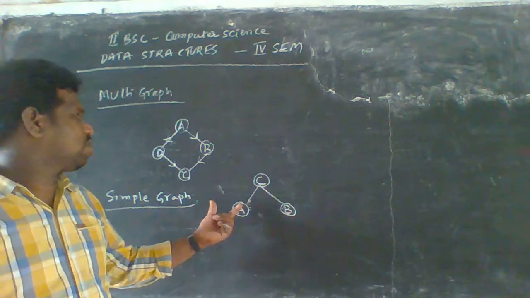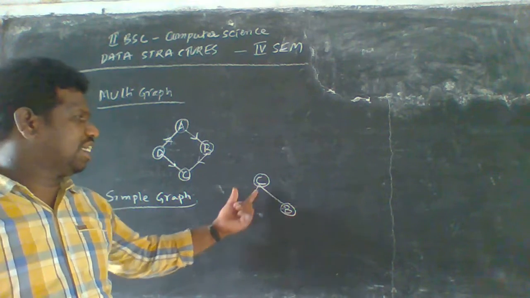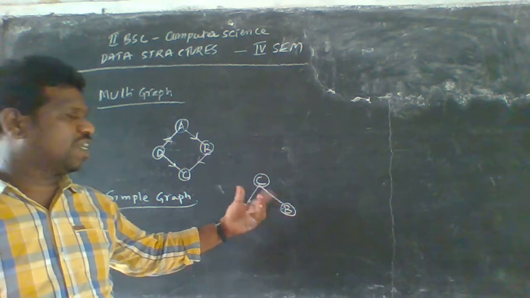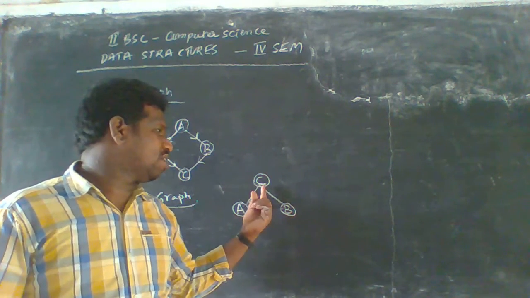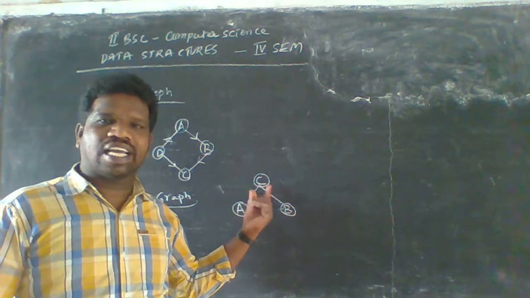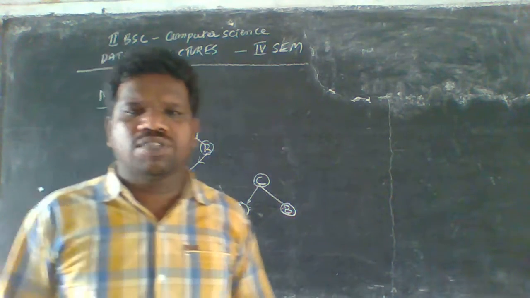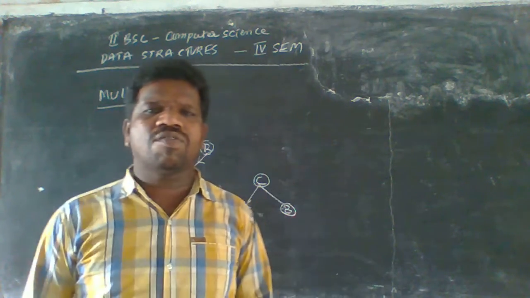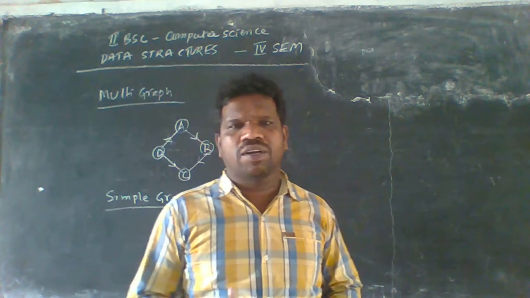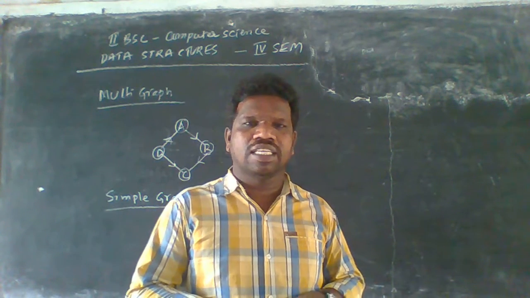Here there are no parallel edges because it forms a triangle shape: A to C, and C to B. That is why it is not a parallel edge, and so it is a simple graph. A simple graph does not contain any parallel edges.